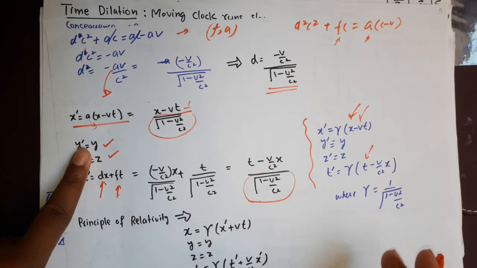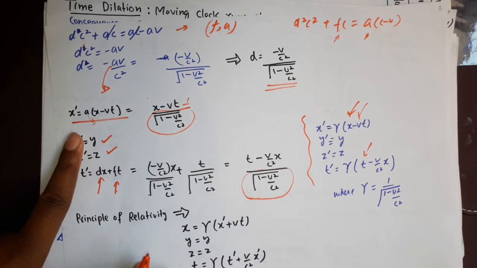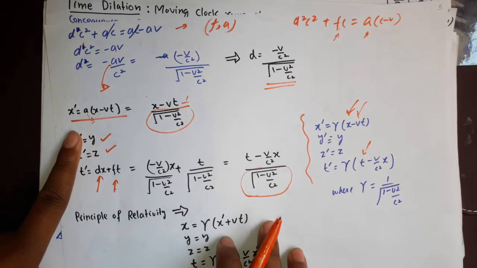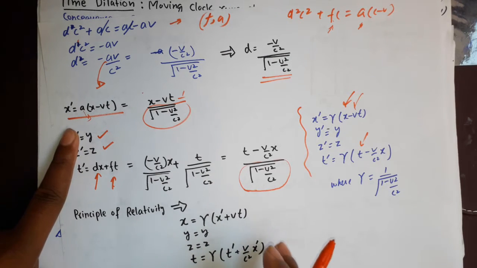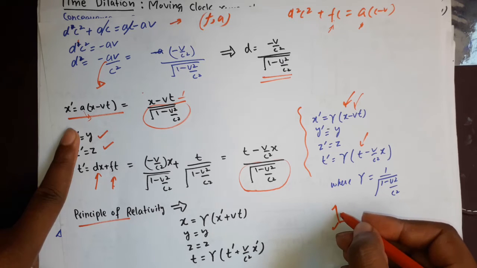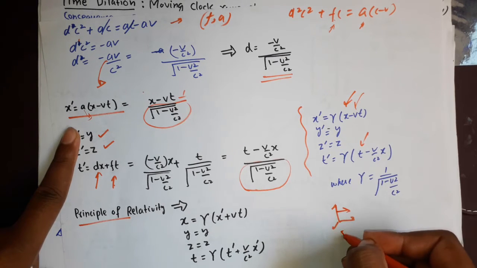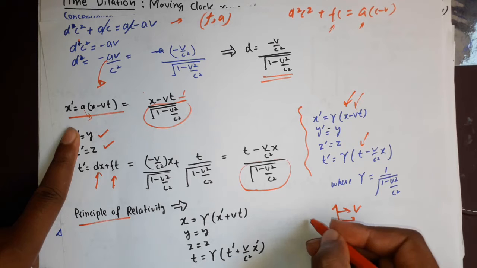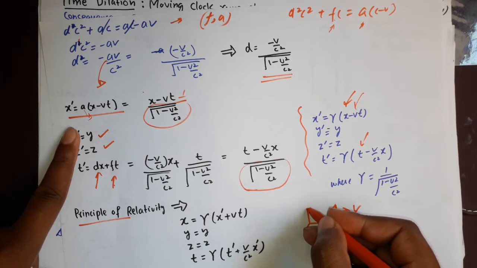And also, you know from the principle of relativity that there is no preferred inertial frame, so all inertial frames are alike. Therefore, in my assumption I have taken S prime moving in this direction with speed v, and S was at rest.